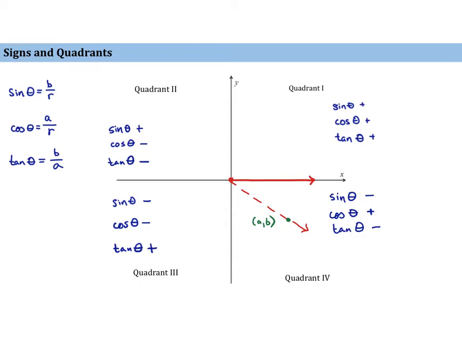Now, there is a mnemonic device for this, as long as you remember that your reciprocal functions, cosecant of theta, secant of theta, and cotangent of theta, have the same sign as their reciprocals. Then you can remember this rule. All of these are positive in the first quadrant.